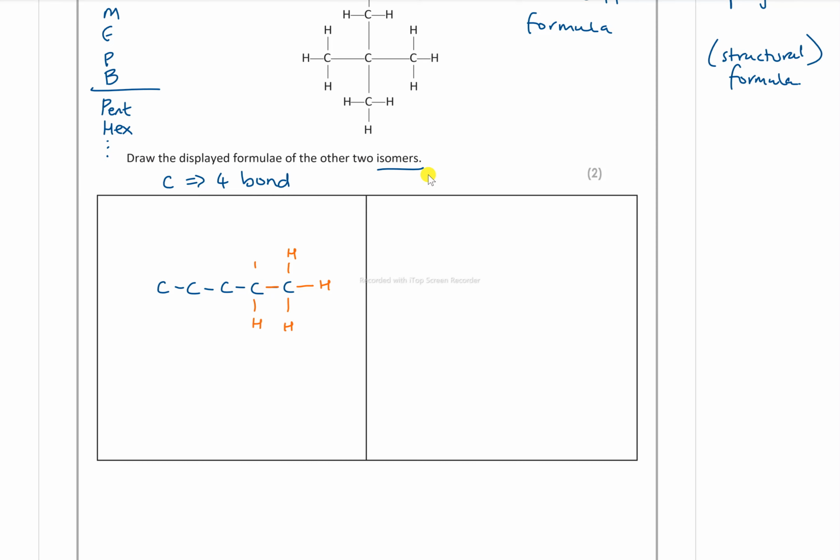Yeah, so I've got 4 bonds on there. Remember, this one is also shared. So this carbon's got 1 so far. 2, 3, 4. Then we can make it 1, 2, 3, 4. These are all hydrogens.